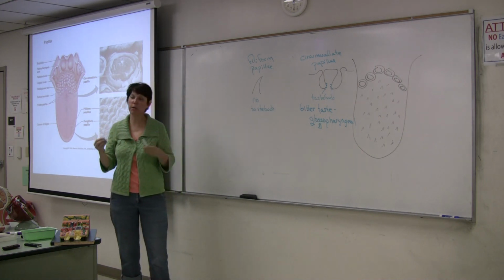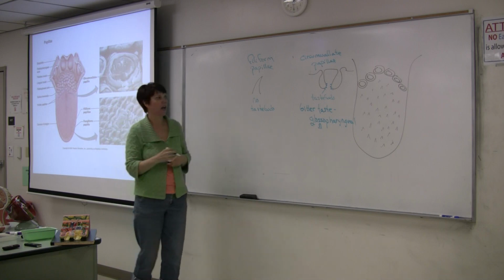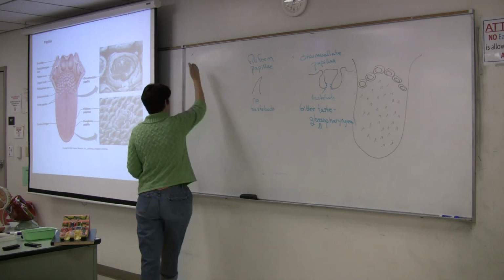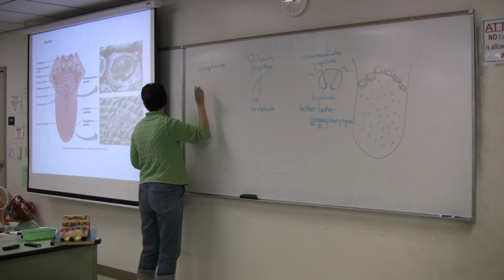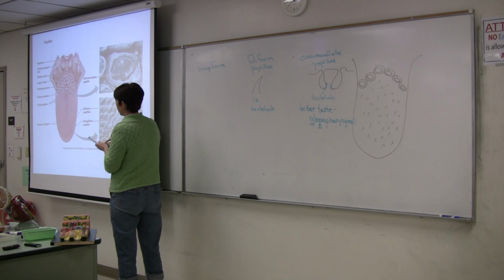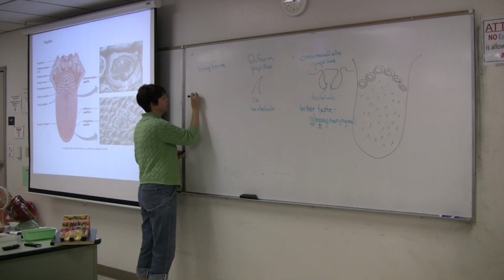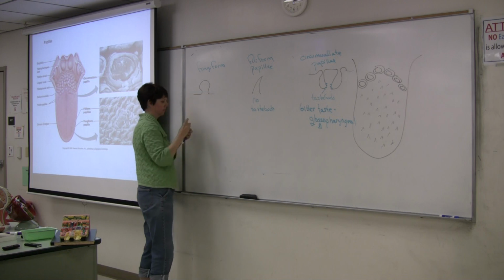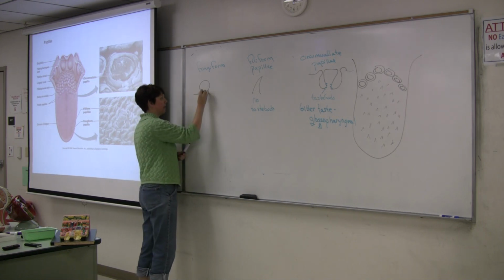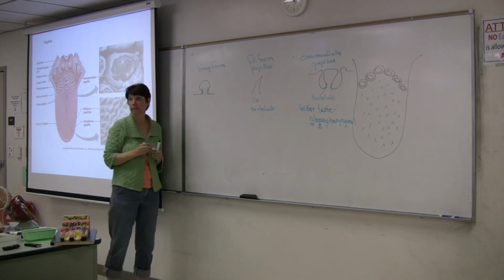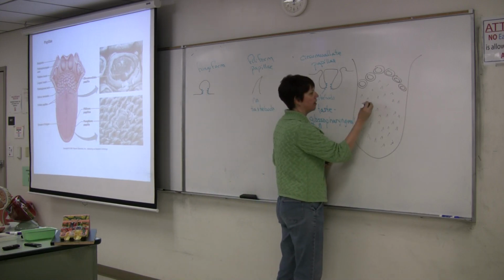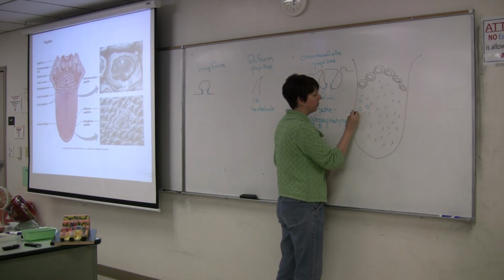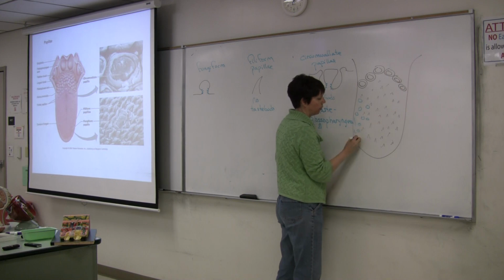And the ones that carry most of our taste sensations are fungiform, which means they look like a mushroom. So these rise slightly above the surface. And they have taste buds along the side down here. And while they're scattered all over the tongue, they are more prominent along the border.